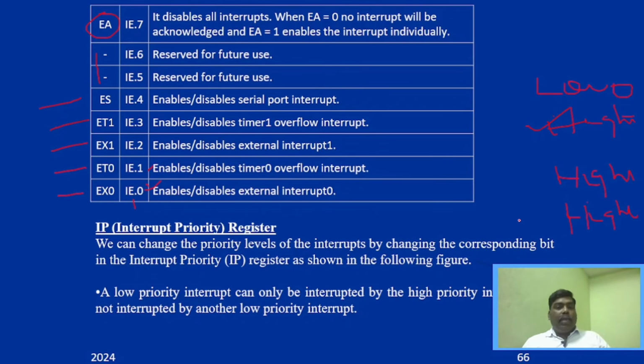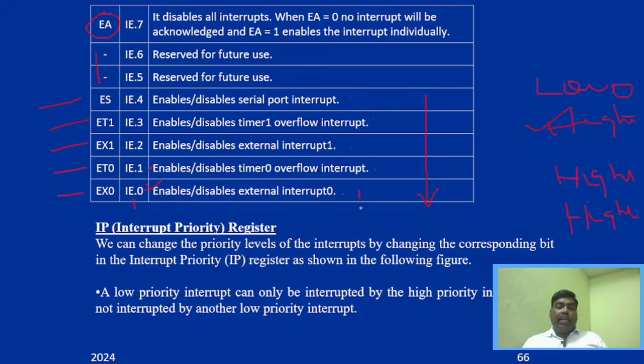What is polling here? Polling is nothing but the fixed order. You can see here, this is the original priority. If it is low priority and high priority, it will give preference to the higher priority. If it is the same priority, then it goes for the polling method. In the polling method, this is the first bit, second bit, third bit, fourth bit, fifth bit.